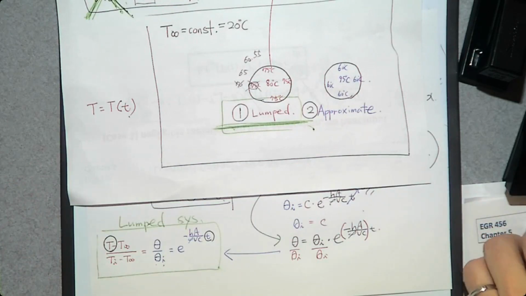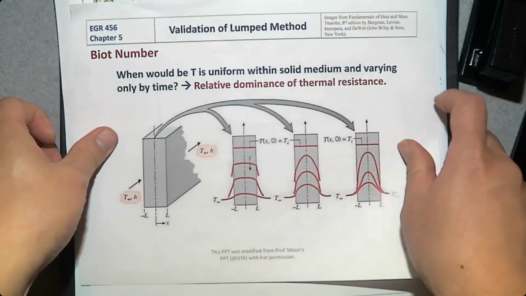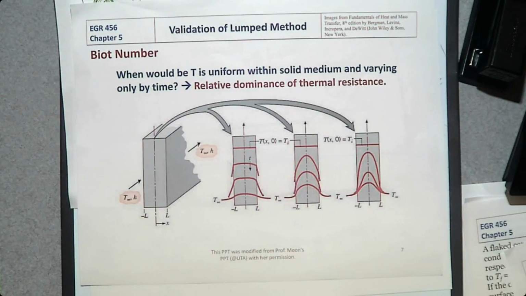To answer that, we can use what is called the Biot number, the validation of the lumped method. When a solid is exposed to a fluid whose temperature is way lower, like me standing outside in winter, I'm losing heat. Am I a lumped system?